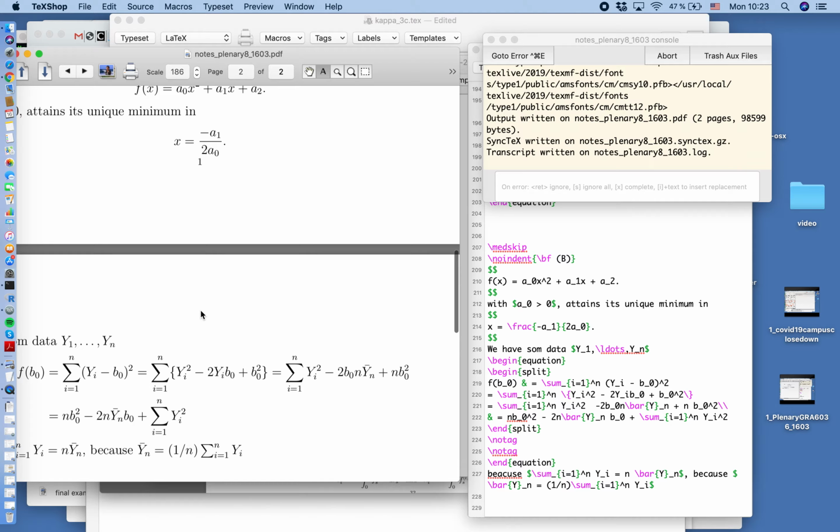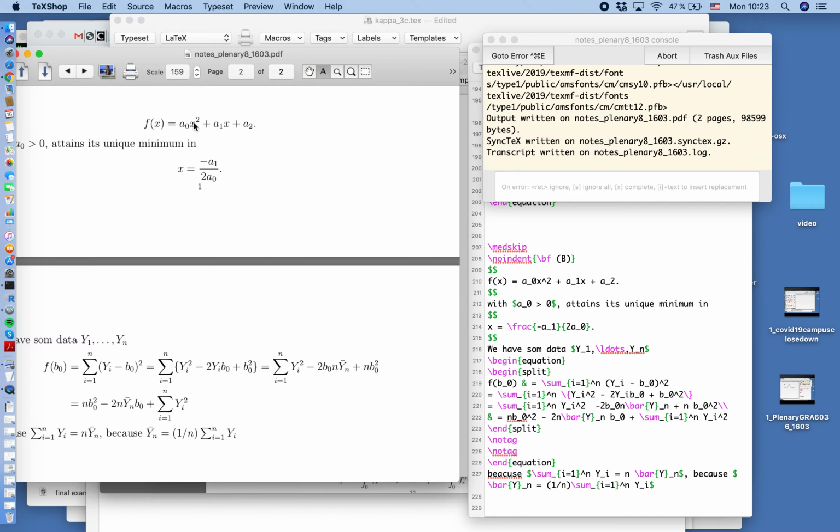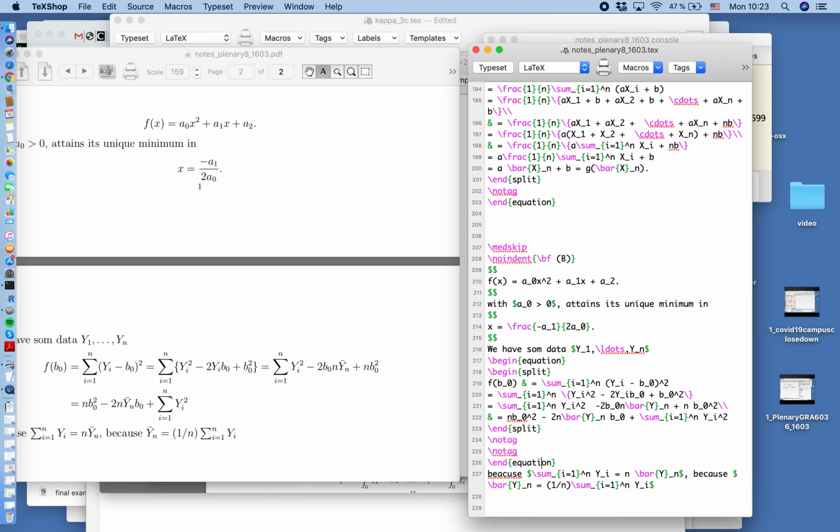Now it's easier to see, because if we compare these two, we have this in parentheses here.